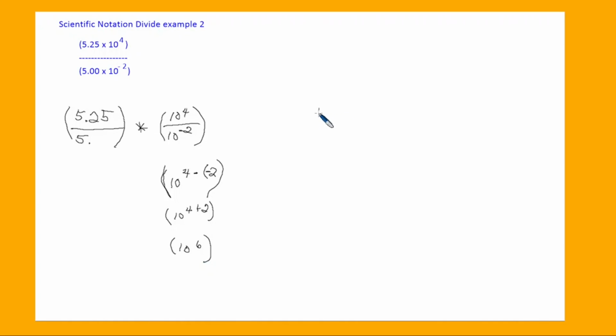Now we'll go over here. I have 5.25 divided by 5. 5 goes into 5 one time. So that's a 1. There is our decimal point. 5 doesn't go into 2, so we bring down the 5, and we put a 0 here. 5 goes into 25 5 times, so there's our 5.